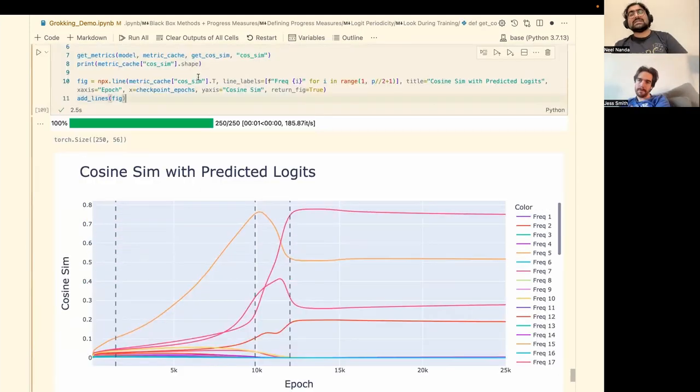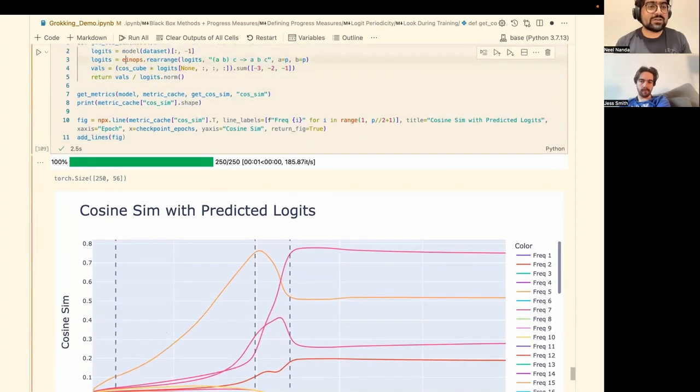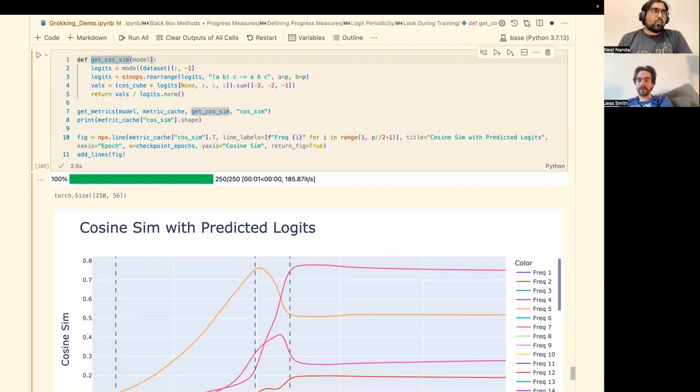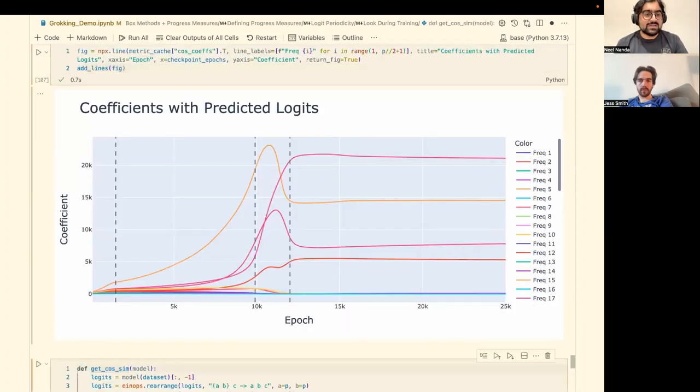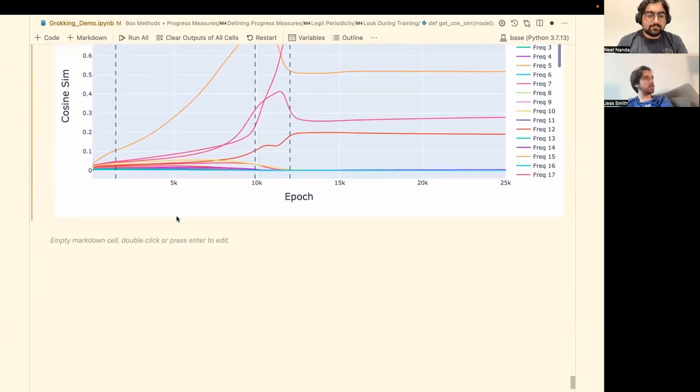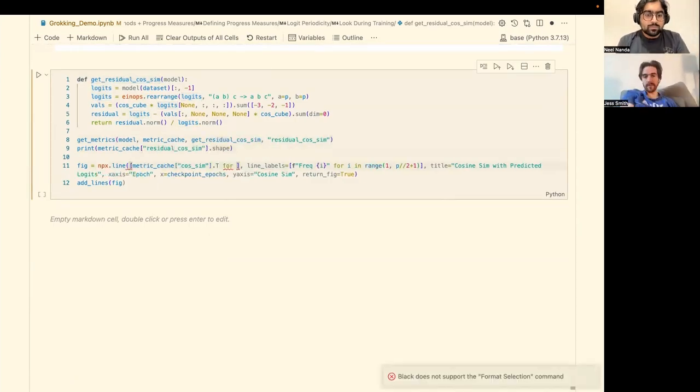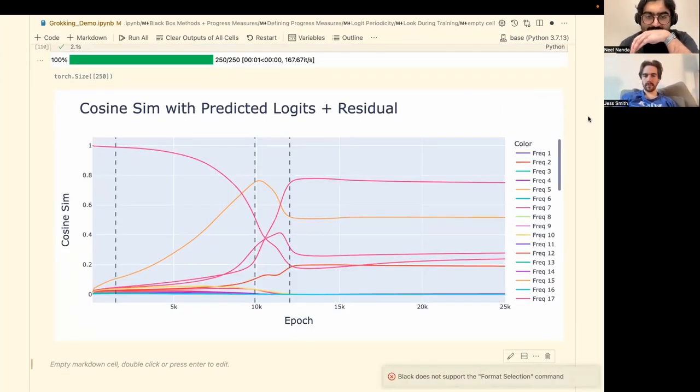A final interesting thing to check is adding in the residual cosine similarity. So what's the fraction of the logits explained by the term that isn't explained? I'm just going to go write some quick code to do that. I redid the above analysis and now included the residual term.